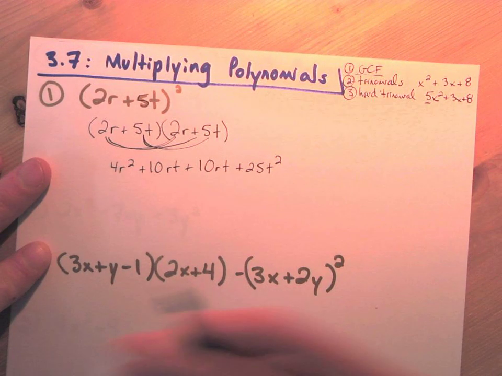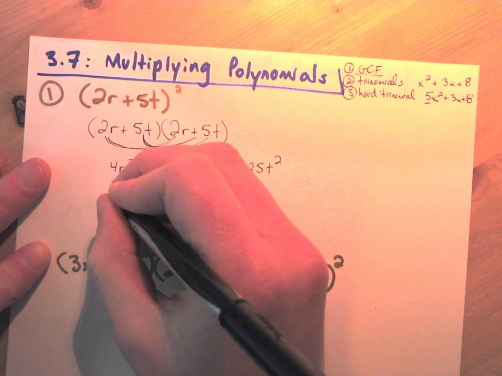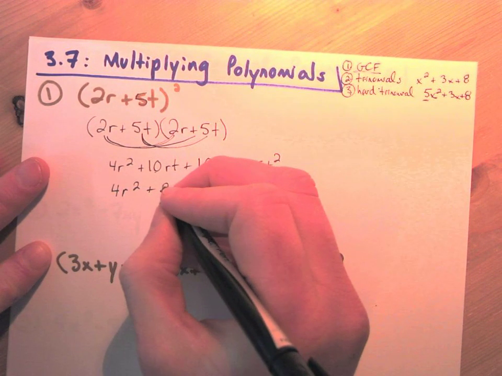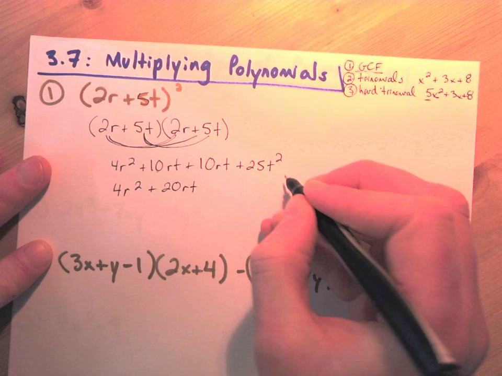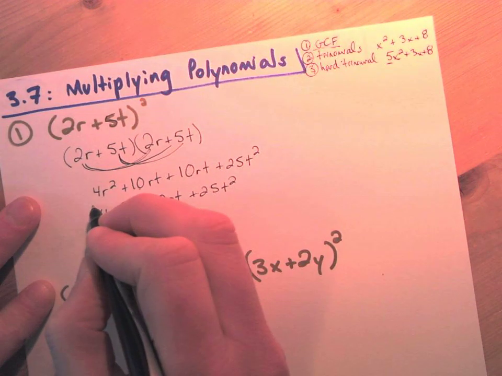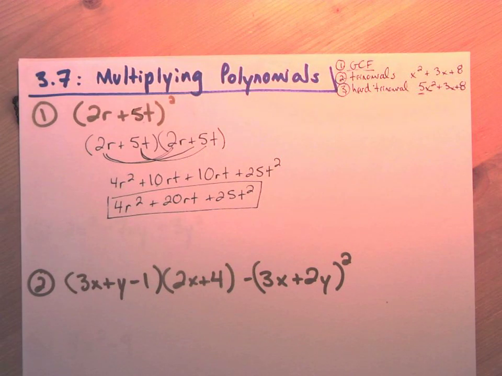Okay, now it's almost done. We have an rt and an rt. So we can go 4r squared, 10 plus 10 is 20. We just tack on the variables, and then we write this one at the end. We multiplied this out.